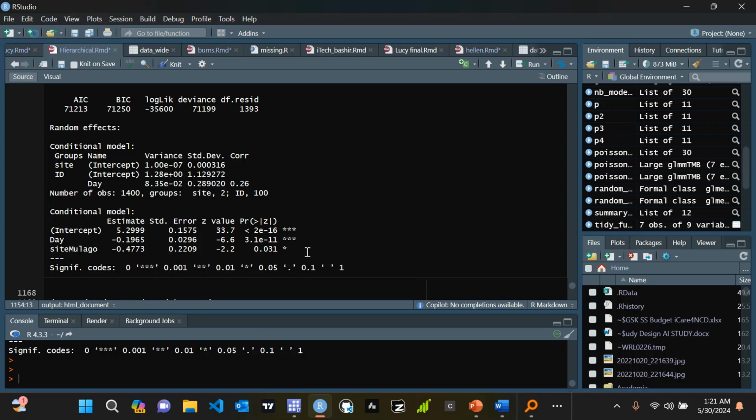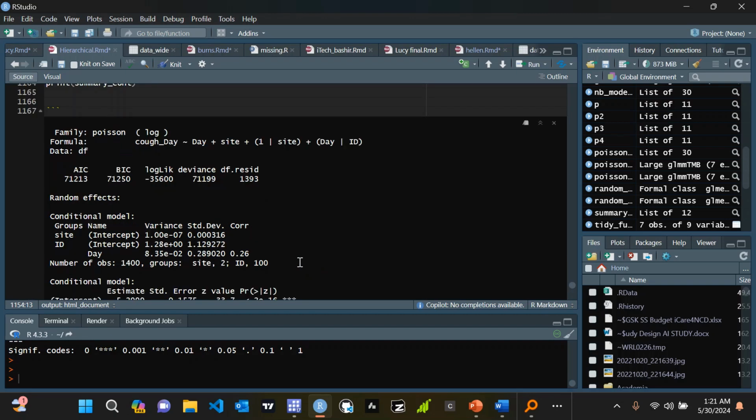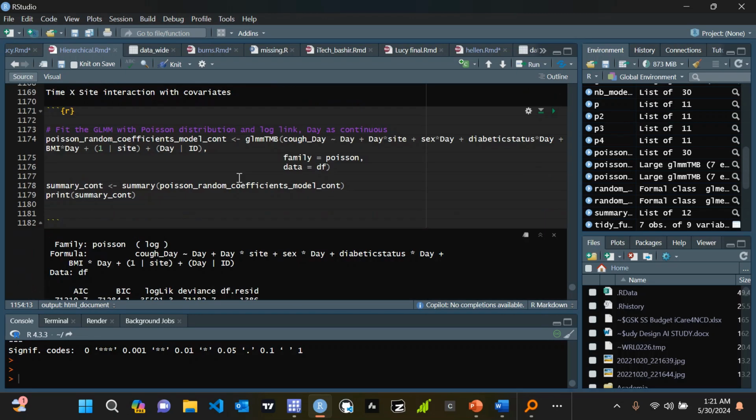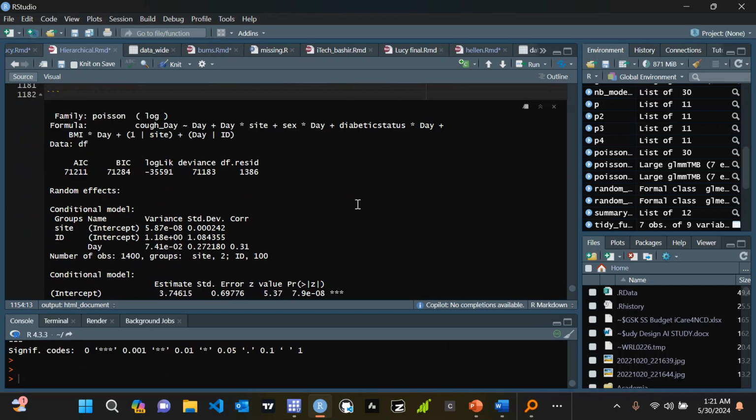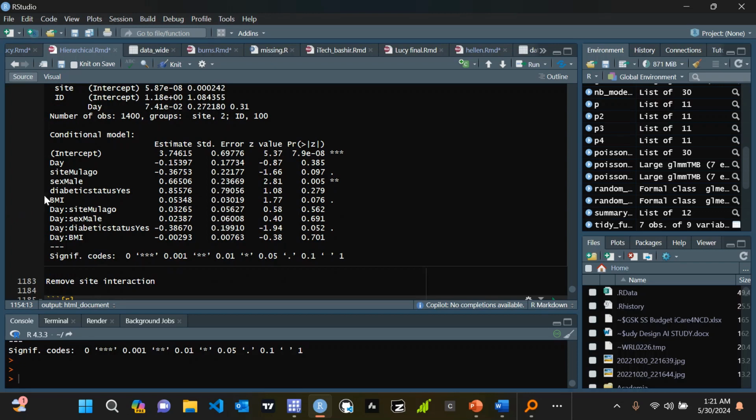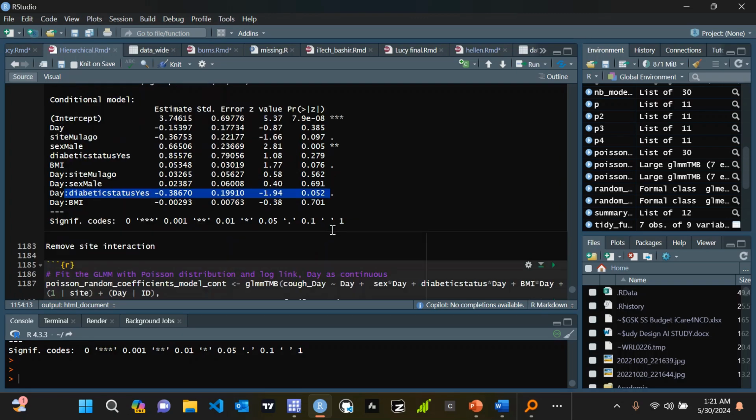For example, we have 2 study sites, and our time and study interaction we hadn't included it. It is here. Our time and site interaction, where is it? Time and site, Mulago. The day and site Mulago is not significant, actually none of the interaction terms are significant.